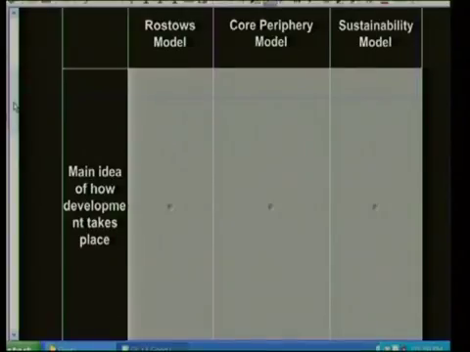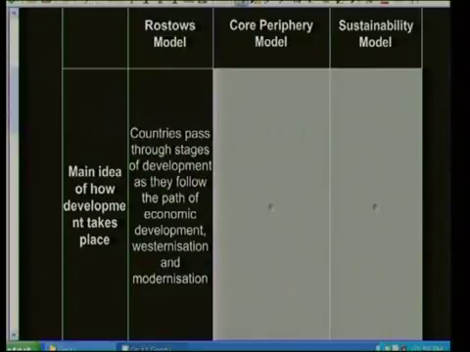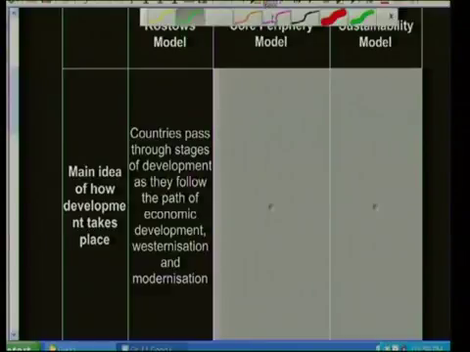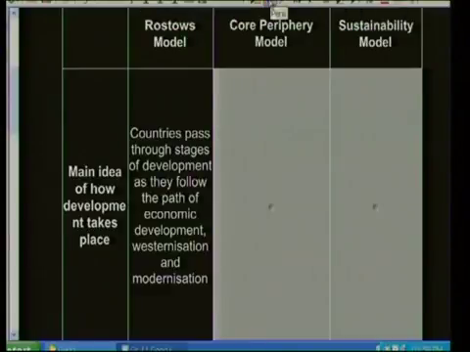So our first thing we're going to look at is how development takes place within each of the specific models. And our first model is Rostow's model, or what's better known as the free market model. And what it says in this specific model is that countries pass through stages, and I think that's the key here, that Rostow's model is based on the 5 different stages of development.